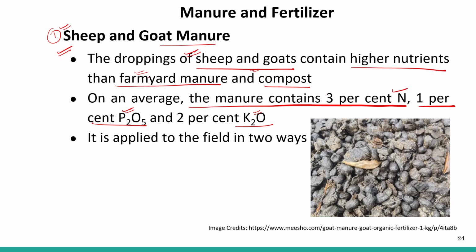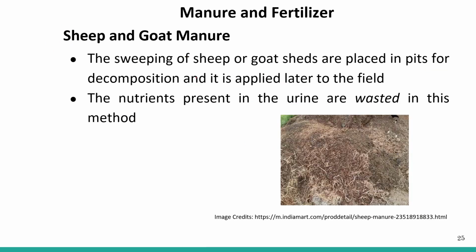Sheep and goat manure is applied in the field in two ways. In the first, the sweepings of sheep or goat sheds are placed in pits for decomposition and applied later to the field. After the decomposition, that can be used in the field. The nutrients present in the urine are also retained in this method.